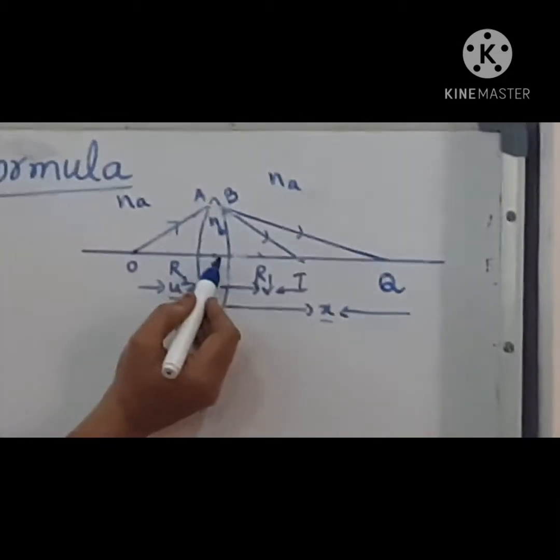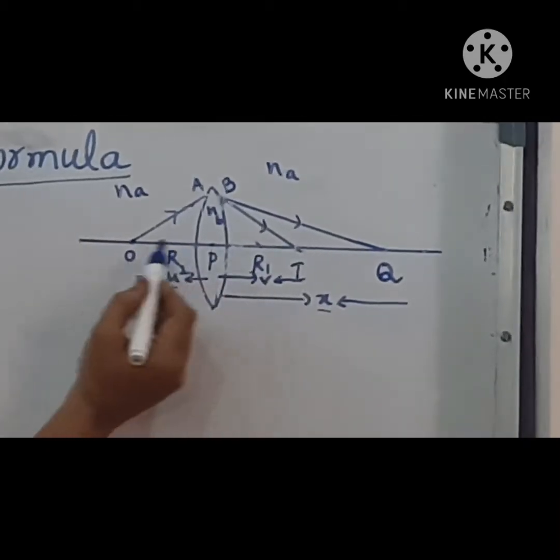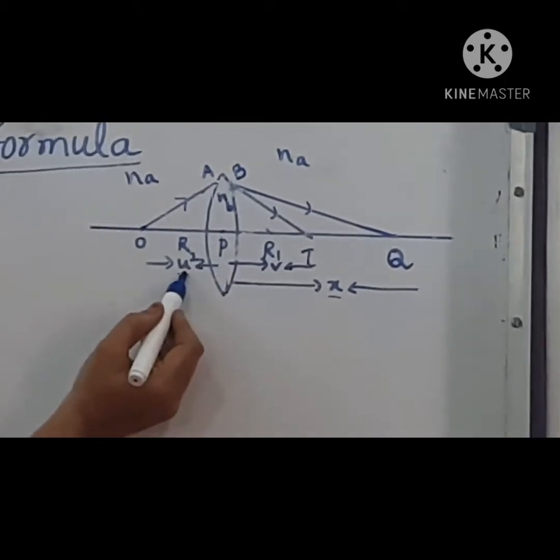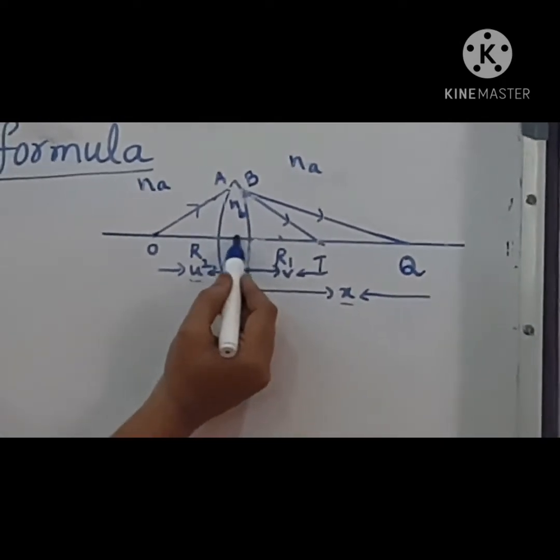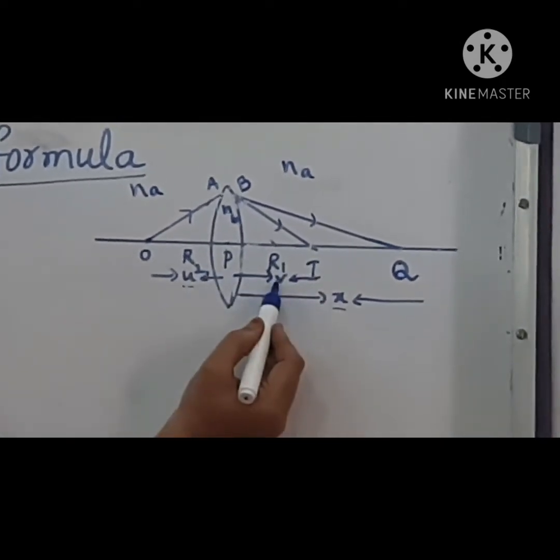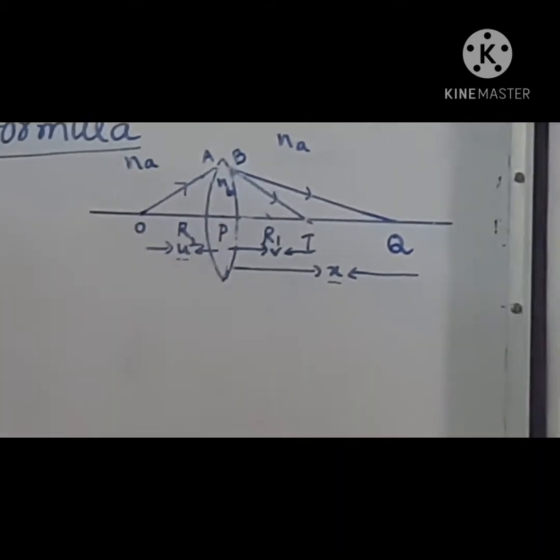Children, let me remind you, the distance from the pole to the object is called the object distance U, and the distance from the pole to the actual image is called the image distance, that is V.